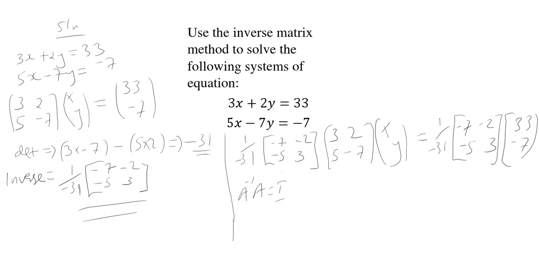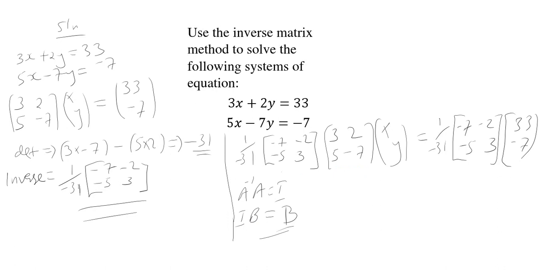And also, when you multiply the identity matrix with any matrix, let's say matrix B, you are going to get B itself. So what does this tell us? When you reach at this stage, when you multiply identity matrix with any matrix, you get the matrix itself.